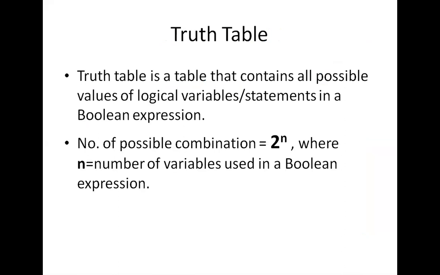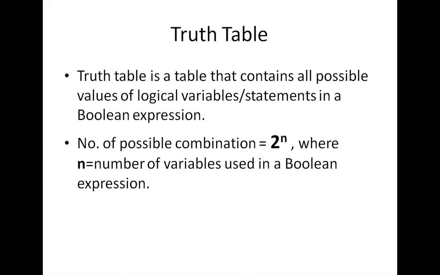Another term and definition is truth table. What is meant by truth table? Truth table is a table that contains all possible values of logical variables in a Boolean expression. It means that when we denote all the possible combinations, all the possible values of variables in a Boolean expression, that is called truth table.